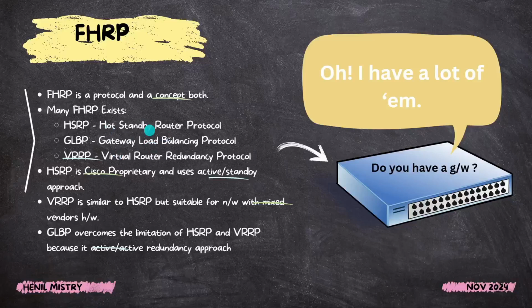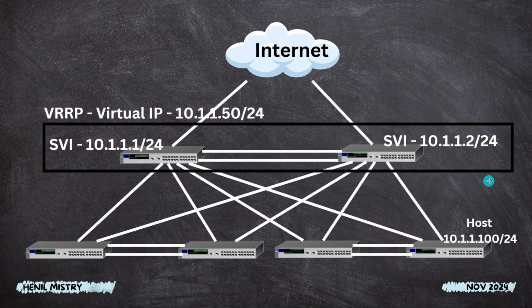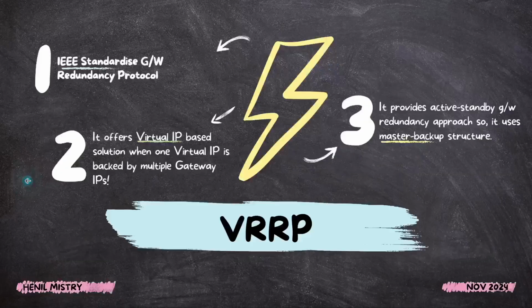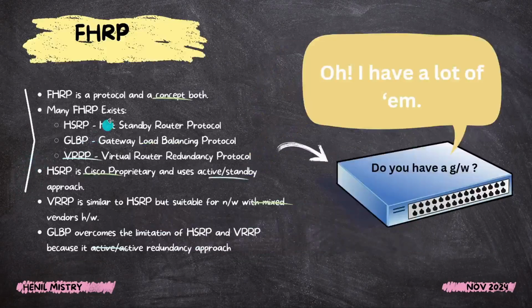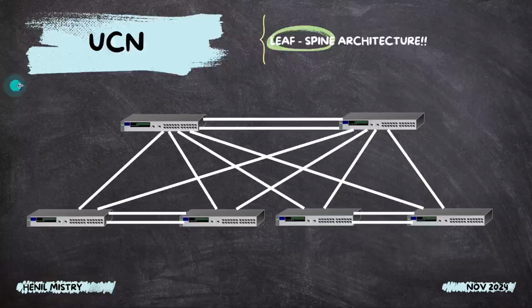These are some of the things about FHRP. There is more VRRP material, but we'll keep it till here and talk about all of VRRP in the next session. Remember, we have talked about FHRP, what the problem is, and why we need VRRP.